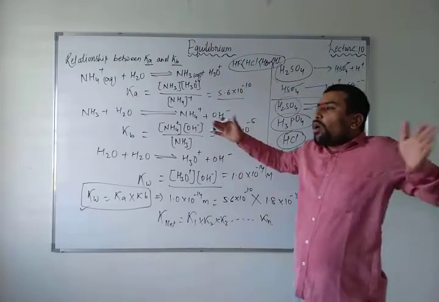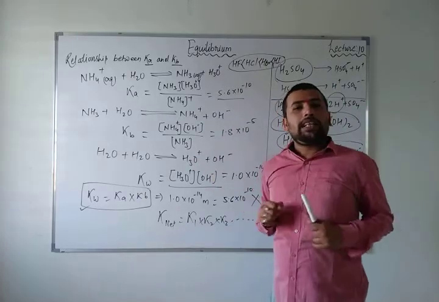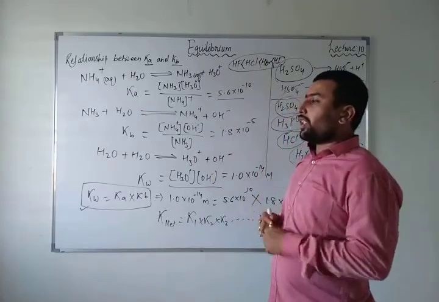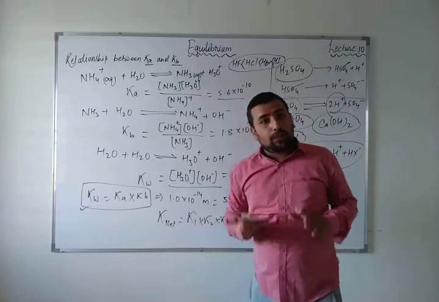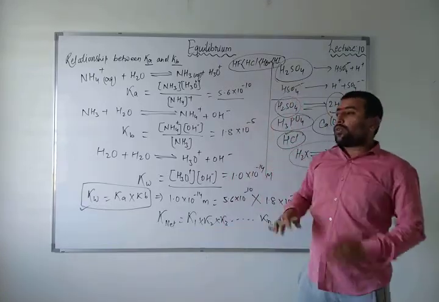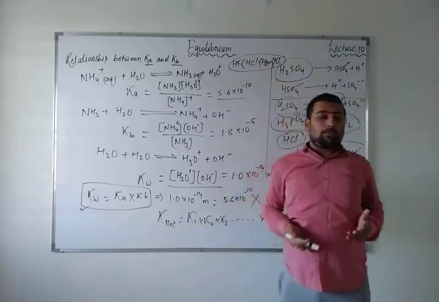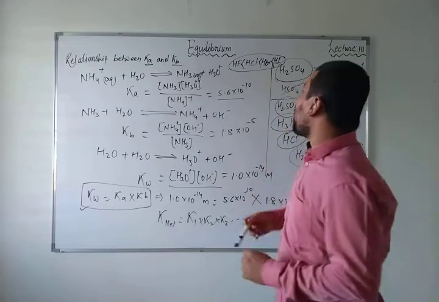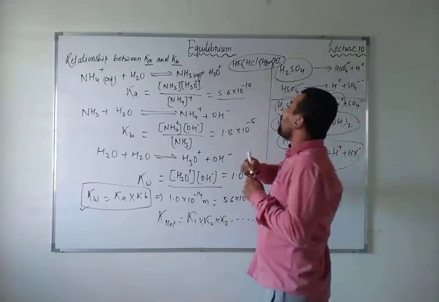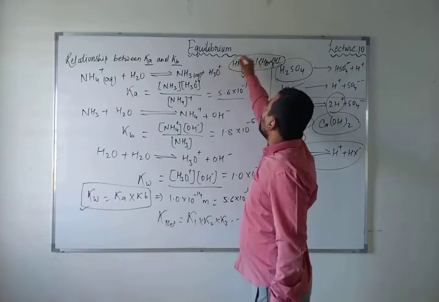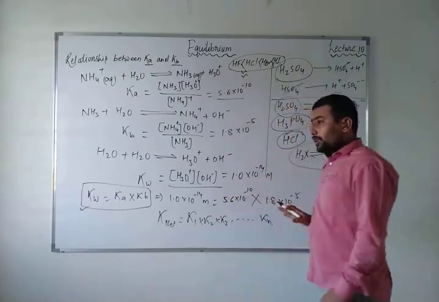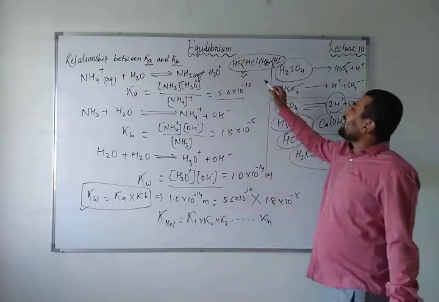So as the bond length increases, the bond strength decreases. Remember, dear students, the most important thing: among hydrogen fluoride, hydrogen chloride, hydrogen bromide and hydrogen iodide, the strongest acids are HCl and HF. It is approximately both equal.